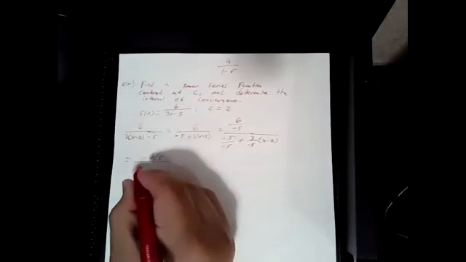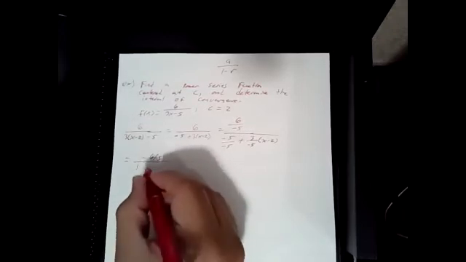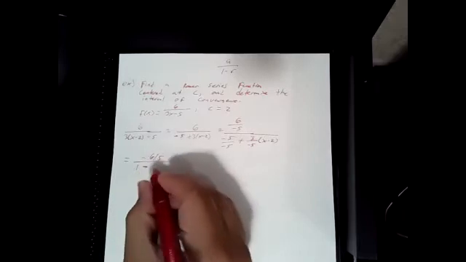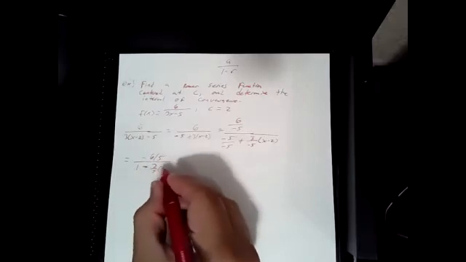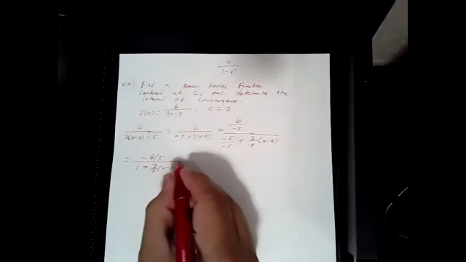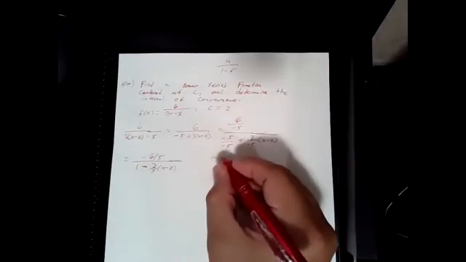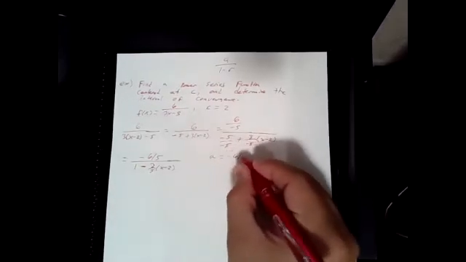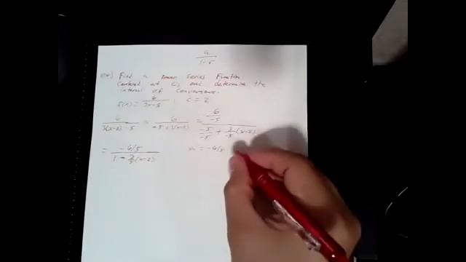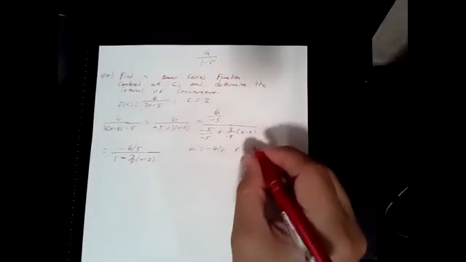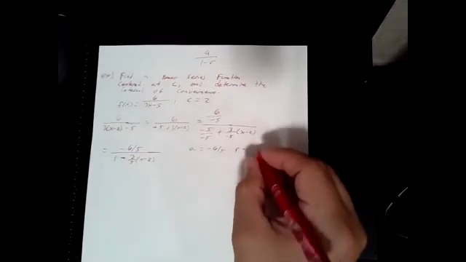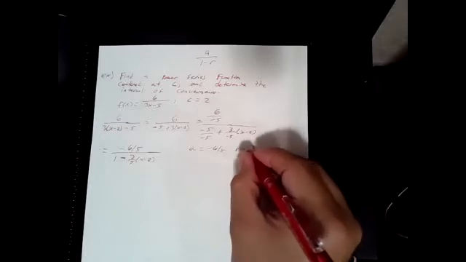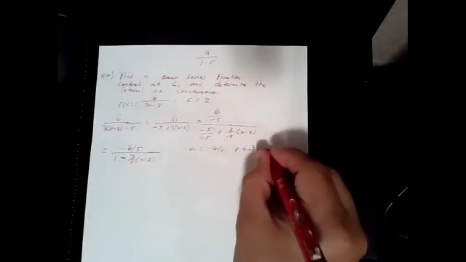So now I have 1 minus 3/5 times x minus 2. So now that's in this form, a is -6/5, and r is going to be 3/5 times x minus 2.